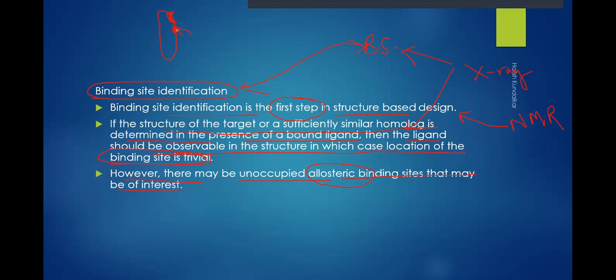Okay, and such allosteric binding may lead to a change in the conformation of the protein, which may enhance the binding at the active site, or it may deplete the binding of the ligand at the binding site. So that means the unoccupied allosteric binding sites may also be of interest.